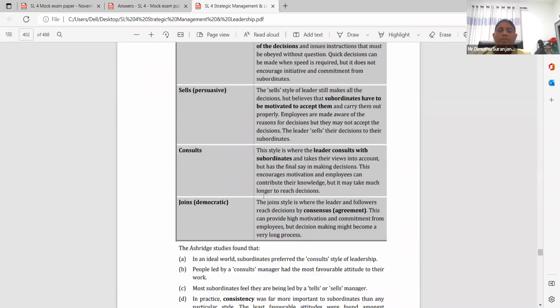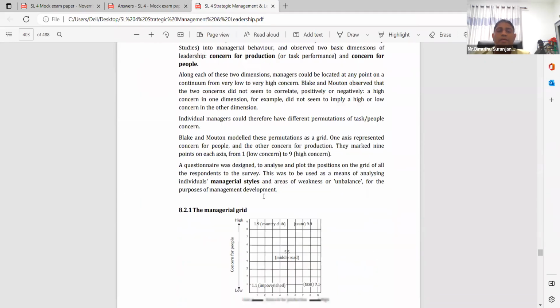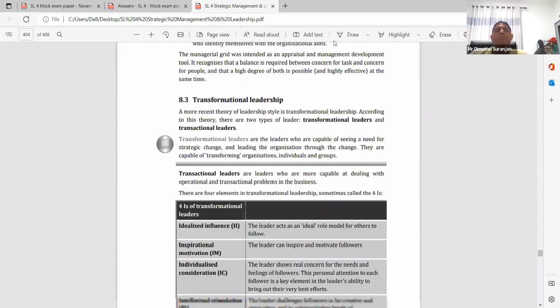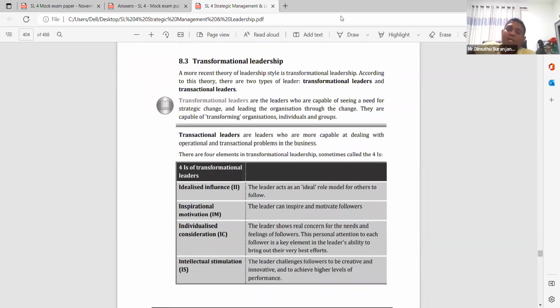Now, if we look at the theory here, they talk about transformational leadership. Who is a transformational leader? Someone who identifies the requirements of the future and introduces changes in the organization to get ready for the future requirement. It's a futuristic leader.